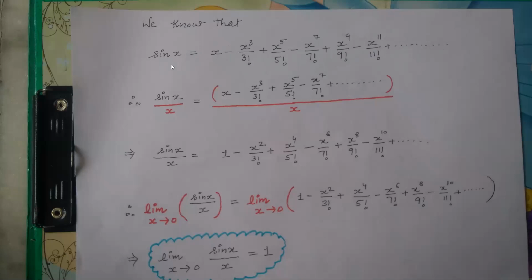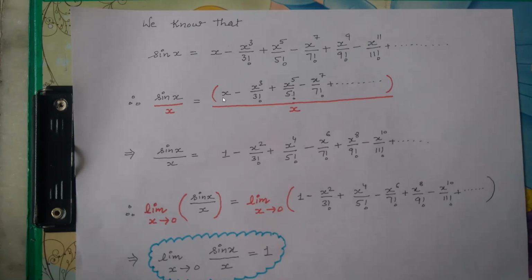Now in the next step we are going to divide by x both sides. Now this becomes sine of x upon x; taking x common in the right-hand side numerator, x in the numerator and x in the denominator get cancelled.